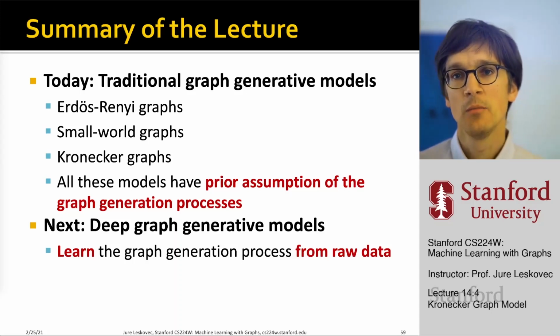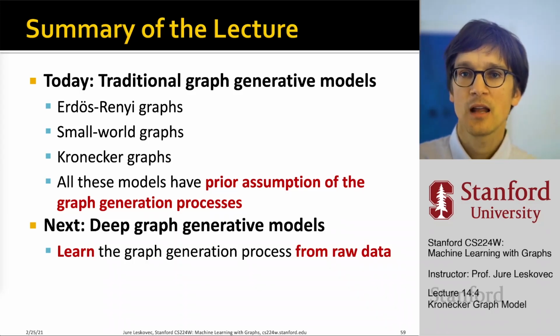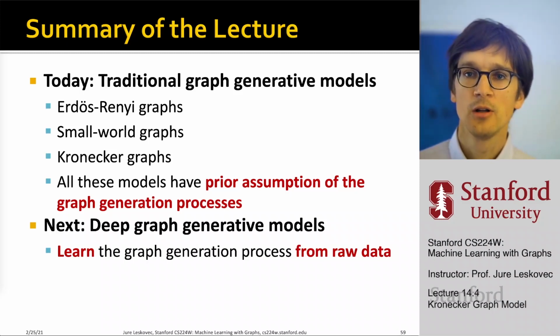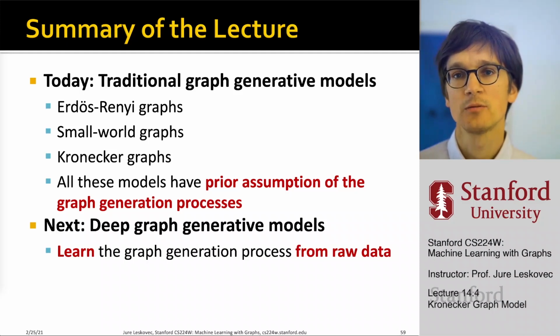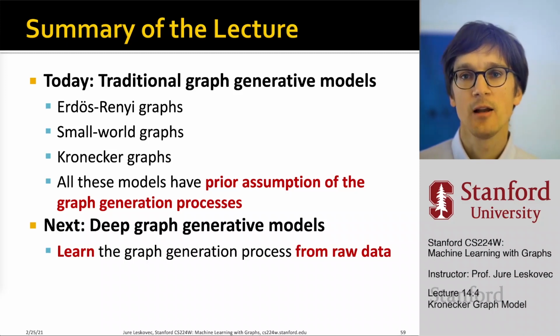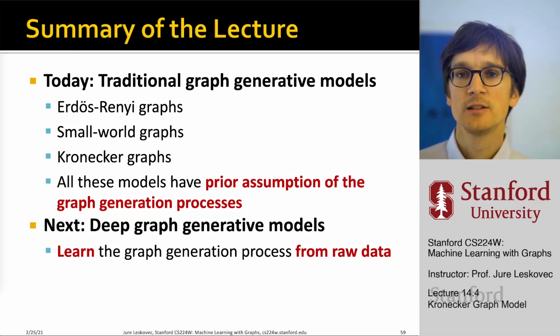While today the models were mechanistic, with a lot of insight from the network generative processes that happen in the real world, on Tuesday we are going to talk about deep generative models, where we will say, let's just formulate this as a machine learning problem, as a complex prediction problem, and all we care about is to generate realistic structure, and we don't care so much about what the true underlying real-world generative process is. So we learn how to generate graphs from raw data.